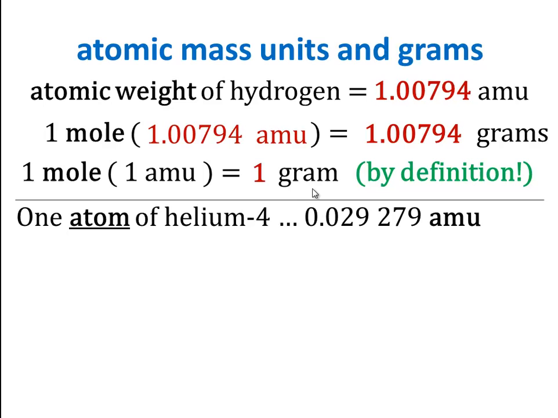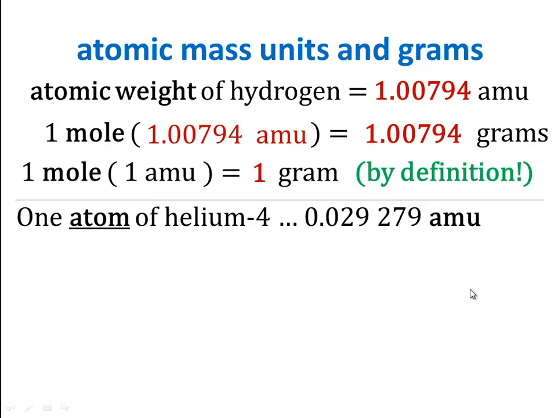Okay, now moving on. So we just saw that when we created 1 atom of helium-4 through the fusion of 2 neutrons and 2 protons, we lost this much mass. That was the mass defect.